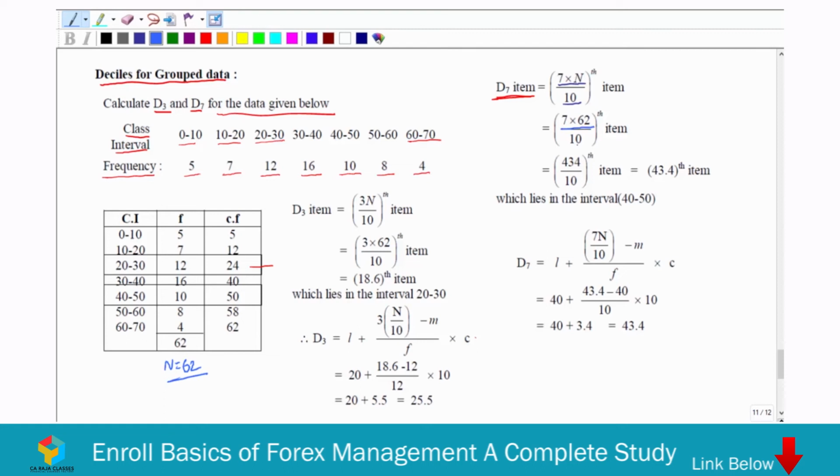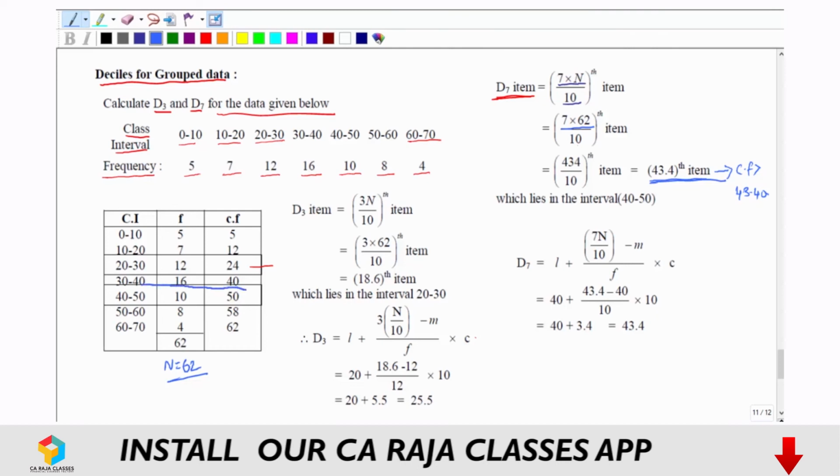So 7 multiplied by 62 is 434, divided by 10, we get 43.4. In the cumulative frequency, we have to look for the value which is greater than 43.4, and here you get the value 50. So this is going to be your 7th decile class, and we can say that the 7th decile is lying between 40 to 50.